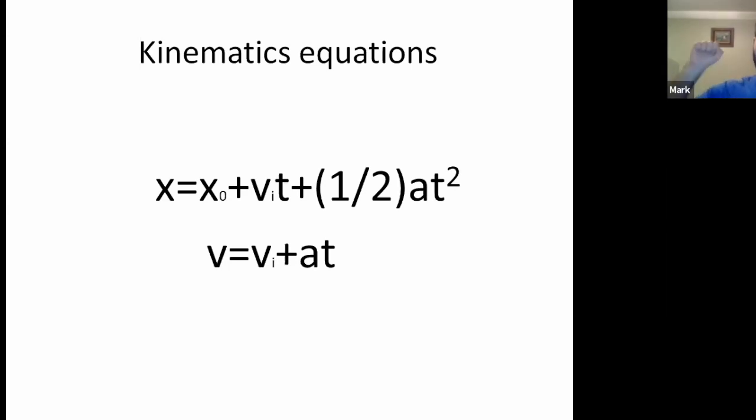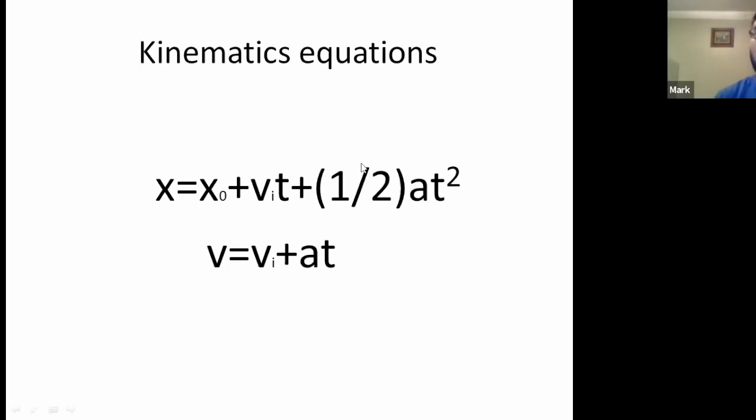So say your arm is 4 feet in the air, it's usually 4 feet or something like that. Vi we don't know. This is usually something they either give you or you have to figure out. T is again something you would have to figure out, and we know a is always negative 9.8 meters per second squared. Okay, so that's how you do it.